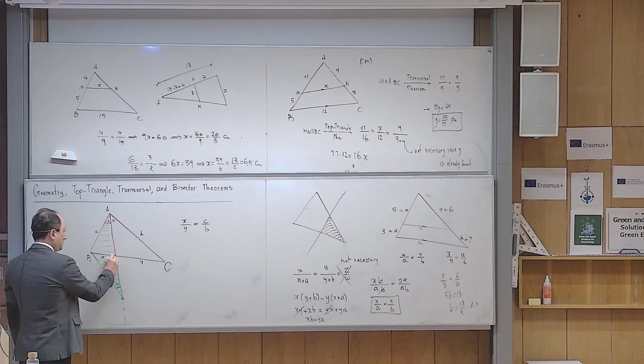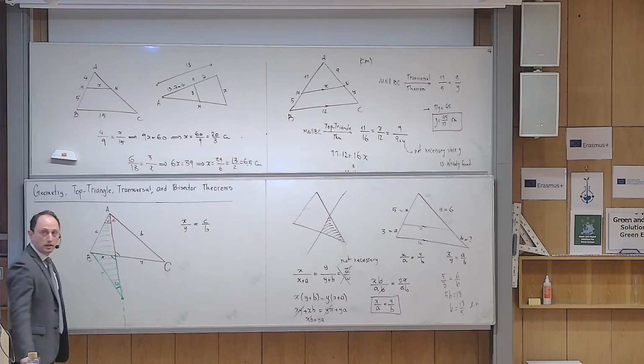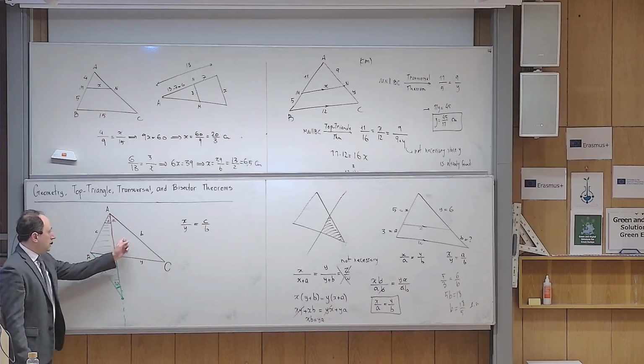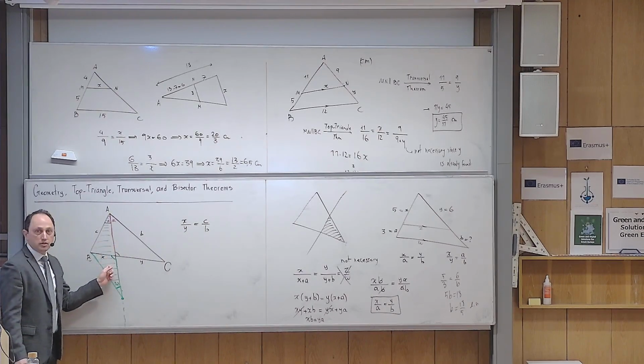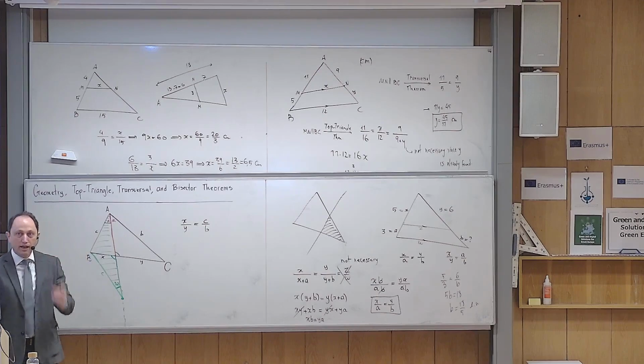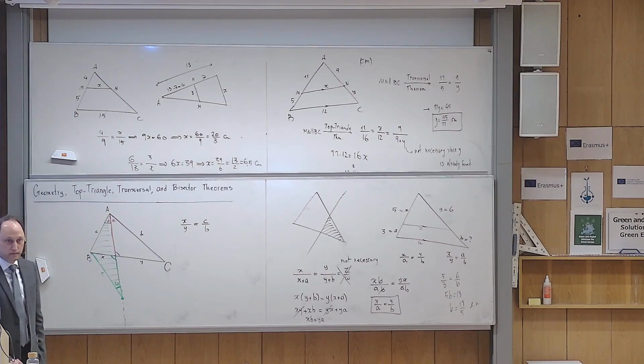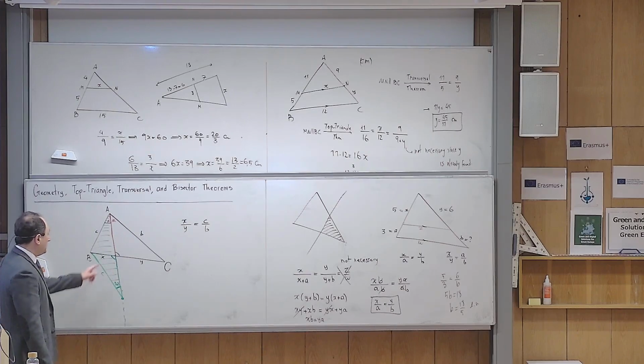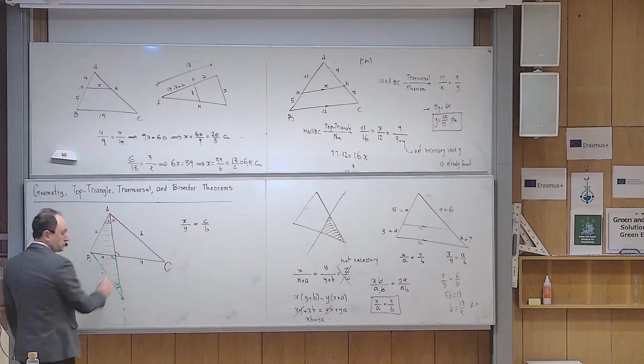No, this one, as this one. Because these are vertical angles. So this triangle and that triangle are similar because they have 2 angles of the same sizes. Yes or no? Yes.